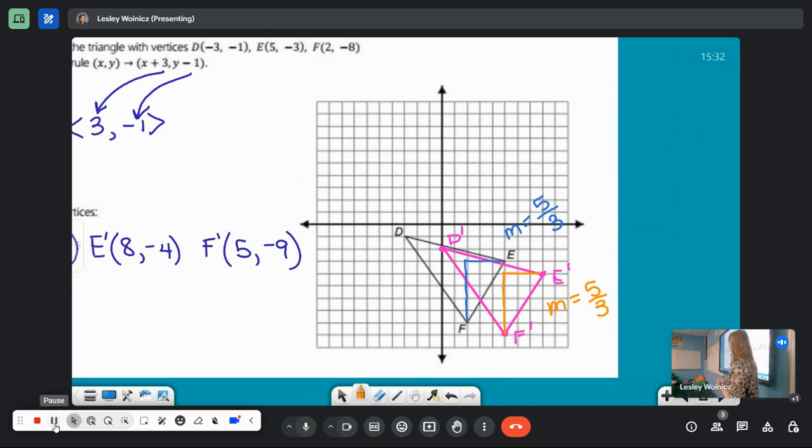What else do you see as parallel? This one might be harder to see. I can draw them in red. Do you see that all my vectors are parallel? They're all going down 1, right 3. Okay? So if something is crooked, mayday, go back and check your work.